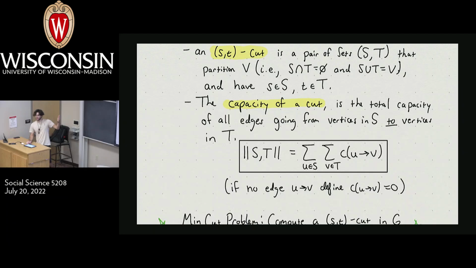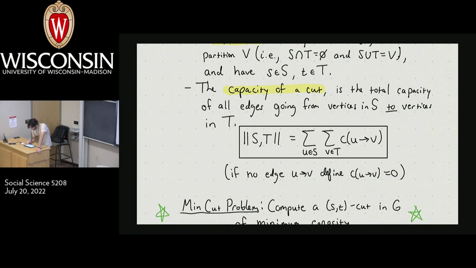Now that we have a cut, we can talk about the value of the cut, which we'll call the capacity of the cut. And what's the capacity of the cut? It's just the total capacity of edges going from vertices in S to vertices in T. So it's this formula here.